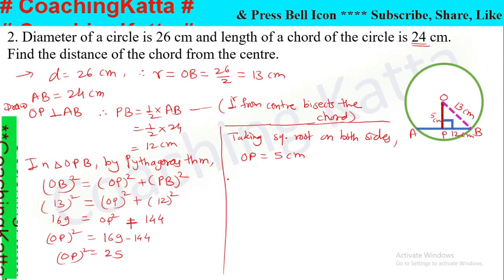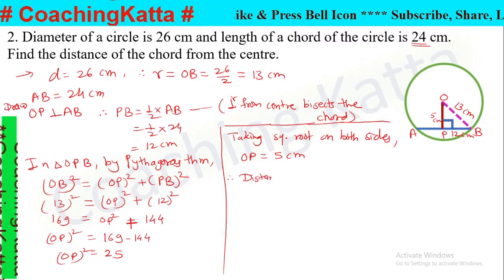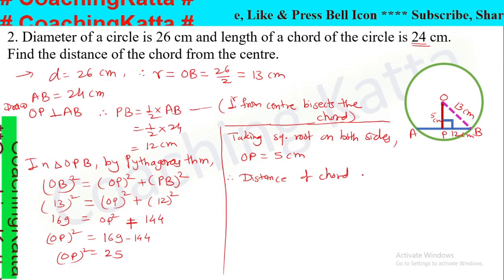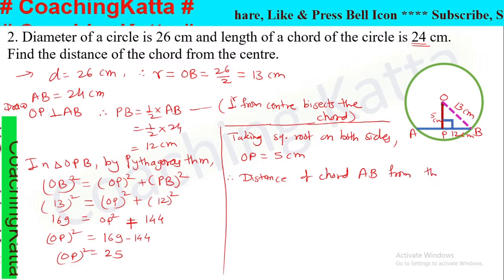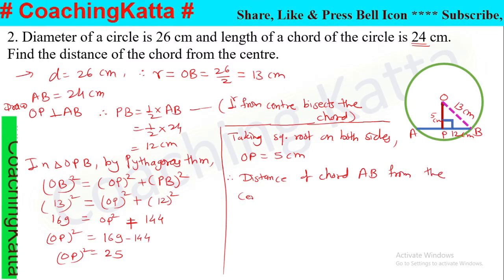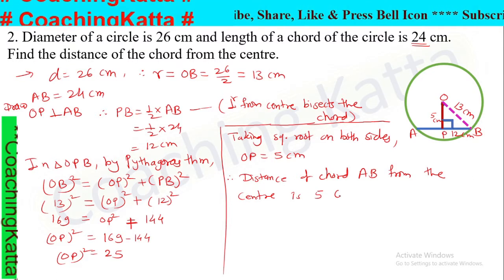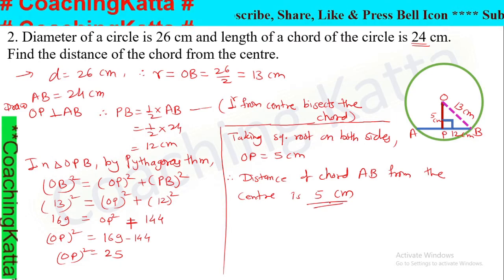So write the answer like this: distance of chord AB from the center is 5 centimeter, and this is the final answer.